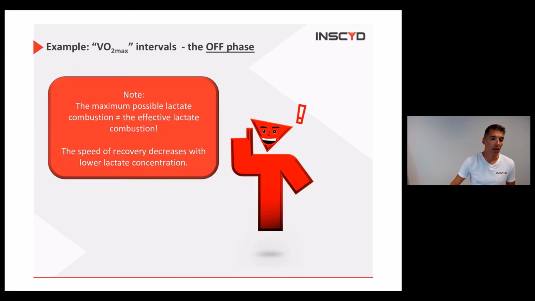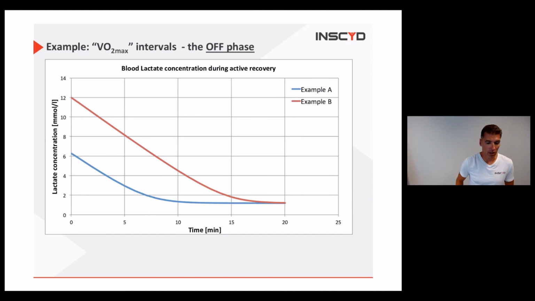But to disclose the full picture here, the real concentration for example A and example B will look a little bit different. Because when you already arrive at a low lactate concentration, the rate at which the lactate disappears gets slower.